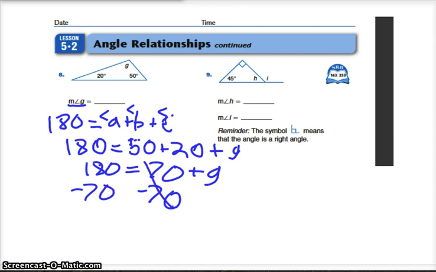And 180 minus 70 leaves us with 110 equals G. And we're talking about degrees. So our answer for G would be 110. And even if you just look at it, we can tell that it's bigger, it's obtuse, it's more than 90 degrees. So an answer of 110 makes sense.